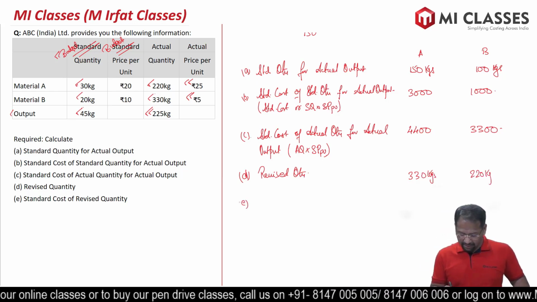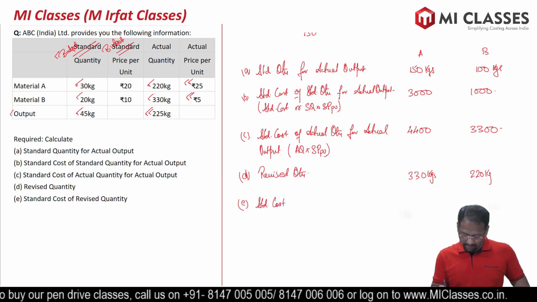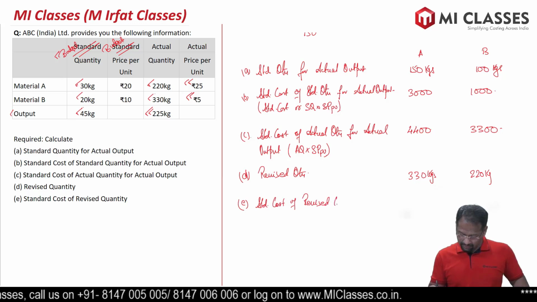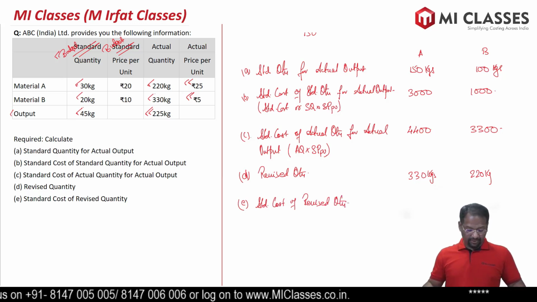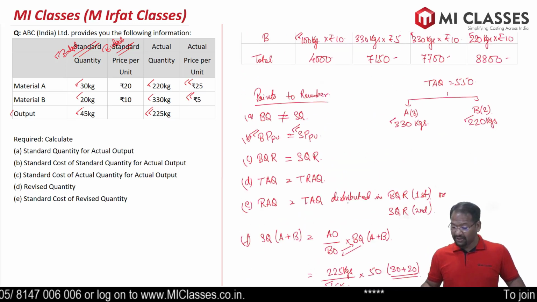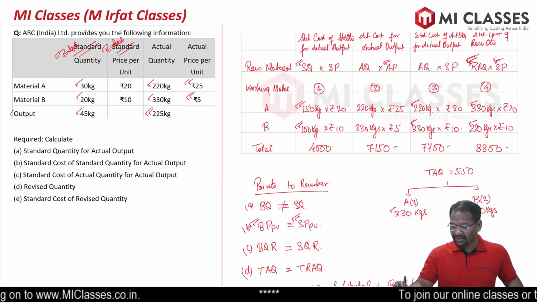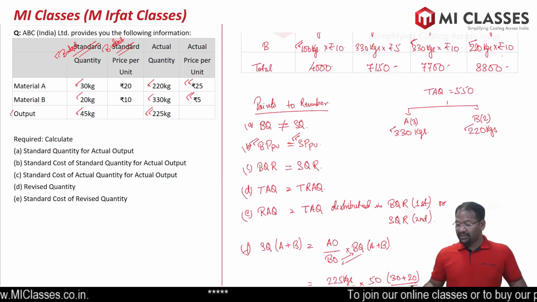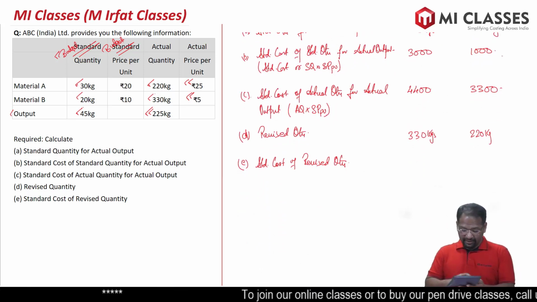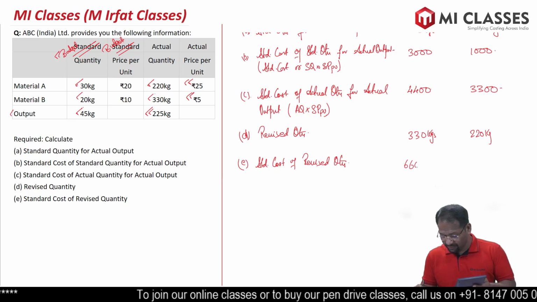Last one, point number E, standard cost of revised quantity. So how much is the standard cost of revised quantity? It is asking basically revised actual quantity multiplied by standard price. So 330 multiplied by 20, we get 6600.